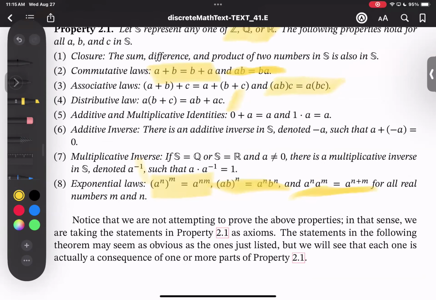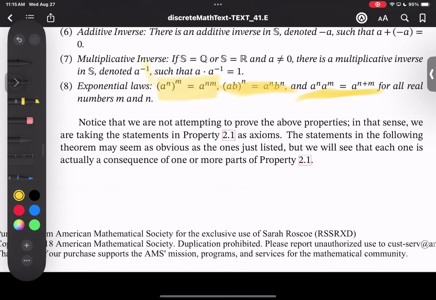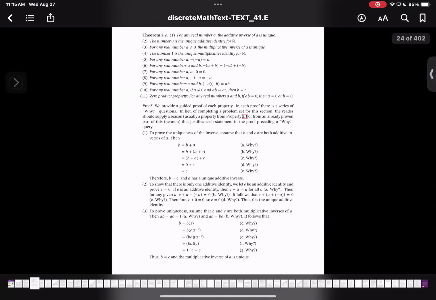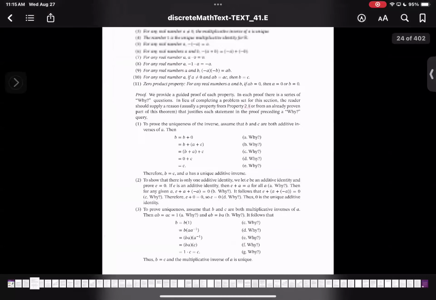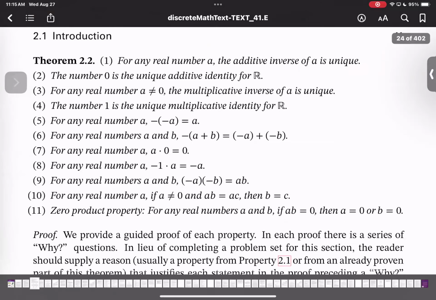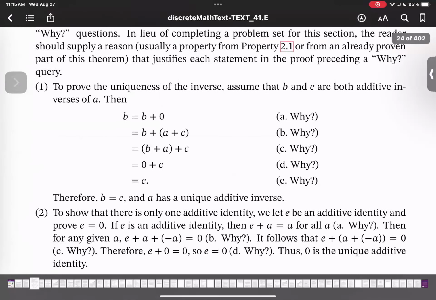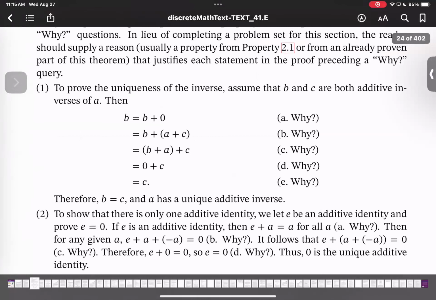So with that, now we want to prove some things. Let me zoom in. So theorem 2.2, this is also in the textbook, and the textbook lays out the steps for you, and our job is to just at each step answer why.